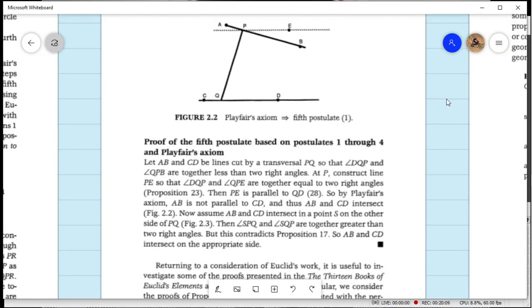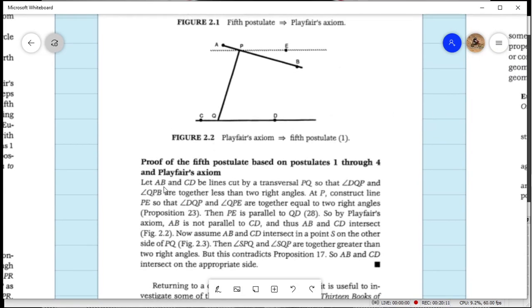So here we already have a drawing. Let AB and CD be lines, AB here, the solid line, and CD, be cut by a transversal PQ, so that angle DQP and angle QPB together are less than 2 right angles.